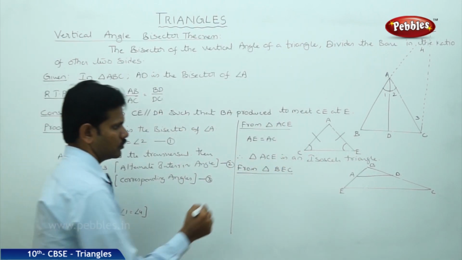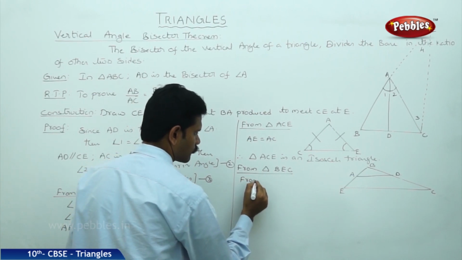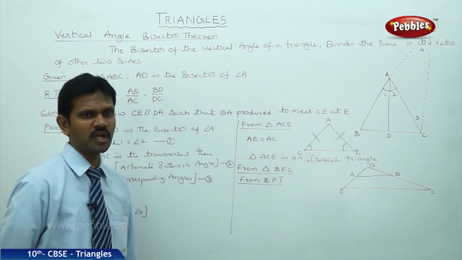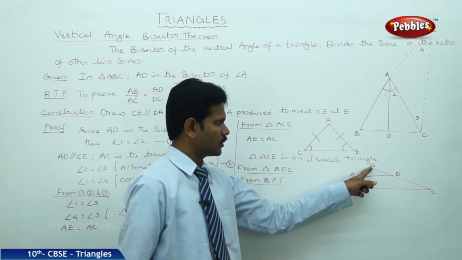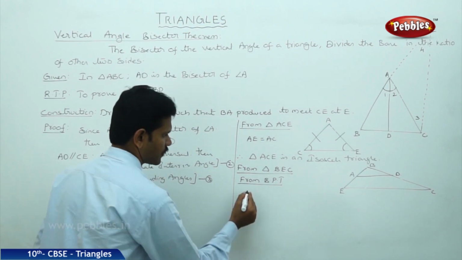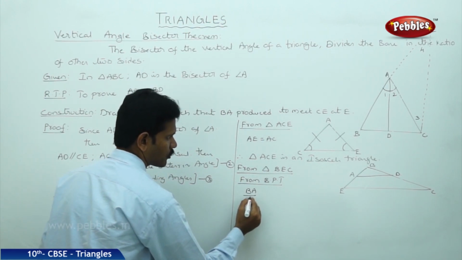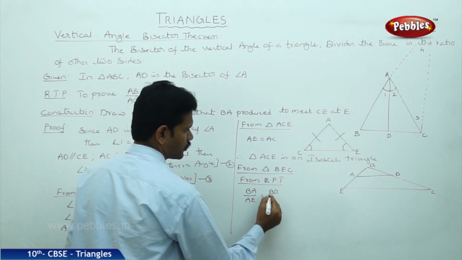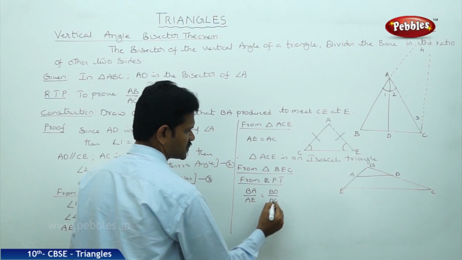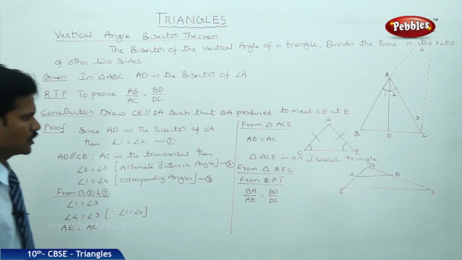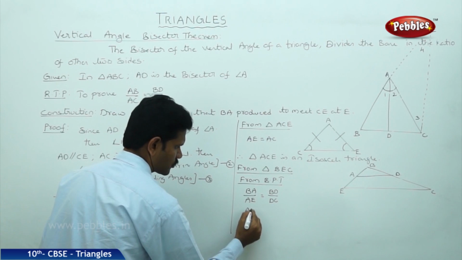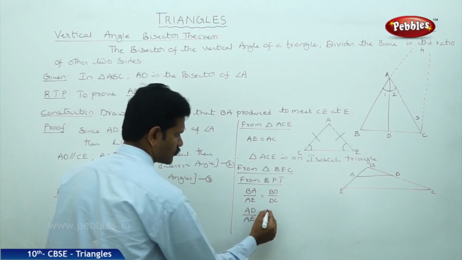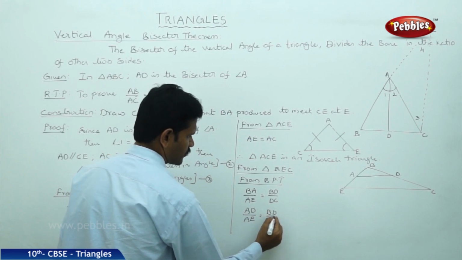Now, from the basic proportionality theorem, BA by AE is equal to BD by DC, which can be written as AB by AE is equal to BD by DC.